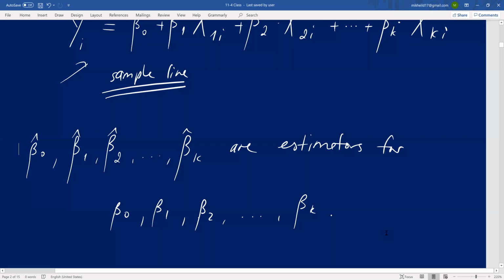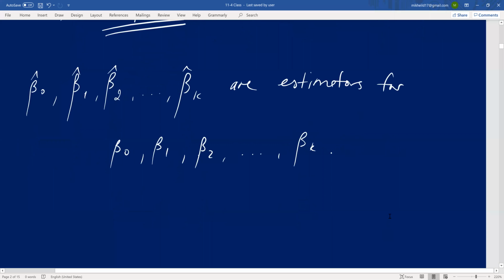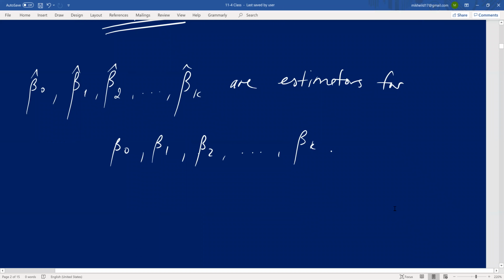So what are the requirements that we need to check these beta hats satisfy before we say that they are the best possible estimators of the true betas? Is that it has to be unbiased, consistent, and efficient? Okay.